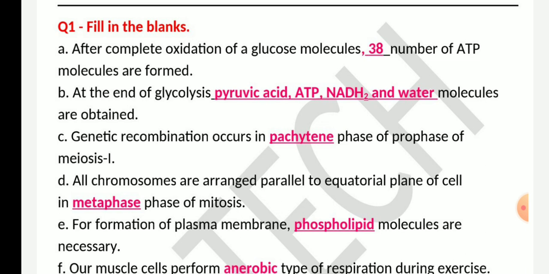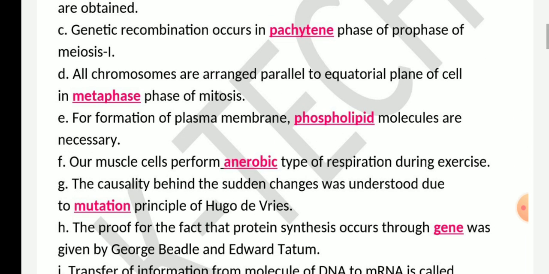Third, genetic recombination occurs in dash phase of prophase of meiosis 1. Yes, children, correct. Answer is Pachytene. Fourth one, all chromosomes are arranged parallel to the equatorial plane of cell in dash phase of mitosis.